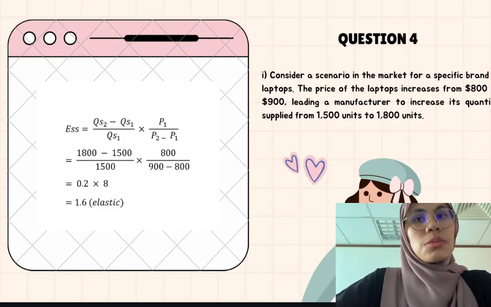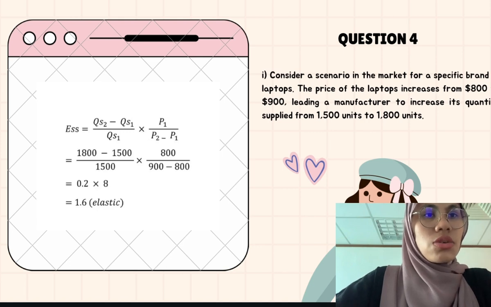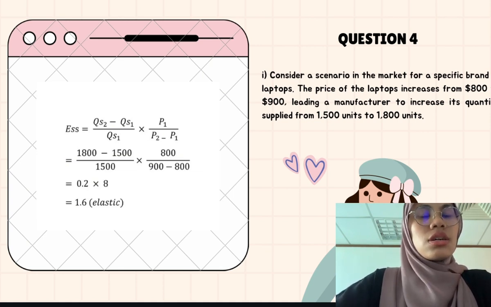Next, question number 4. The first question of number 4 is: consider a scenario in the market for a specific brand of laptops. The price of the laptops increases from $800 to $900, leading a manufacturer to increase its quantity supplied from 1,500 units to 1,800 units.